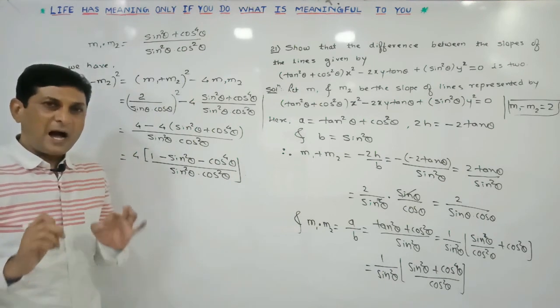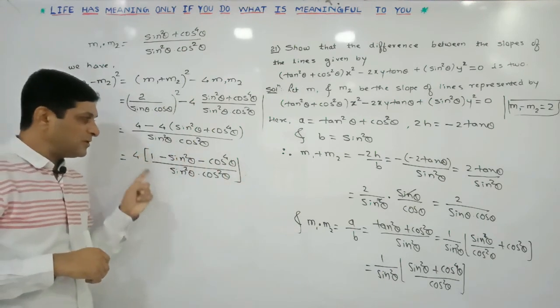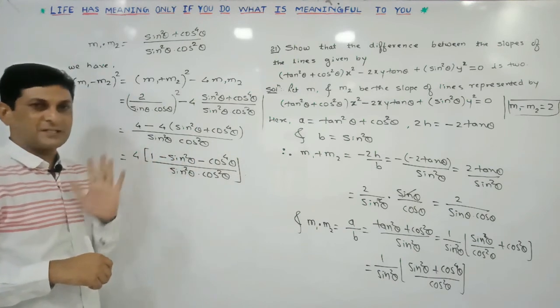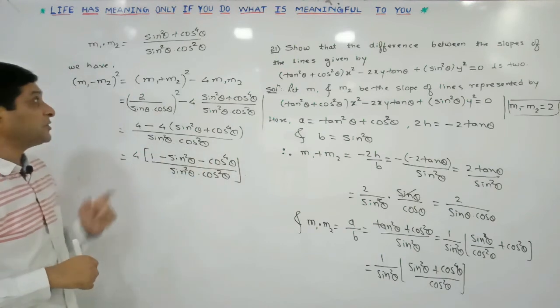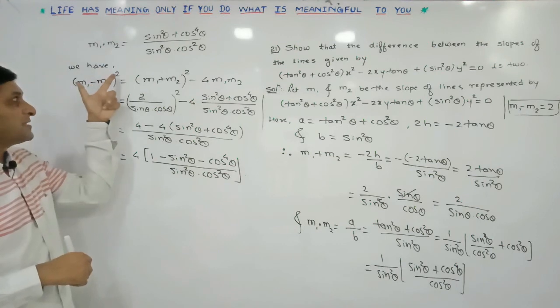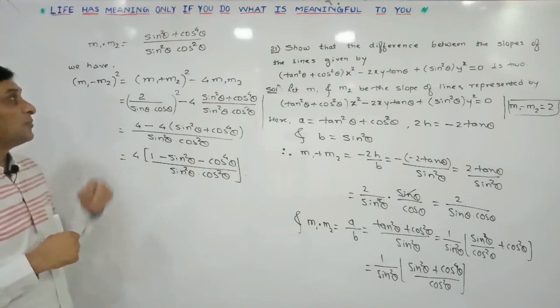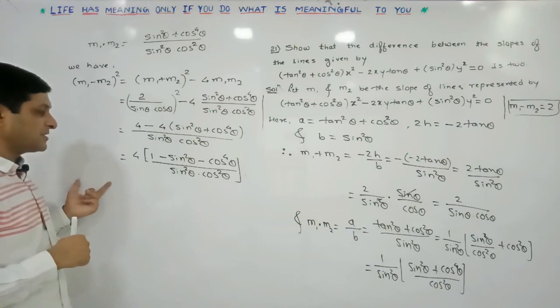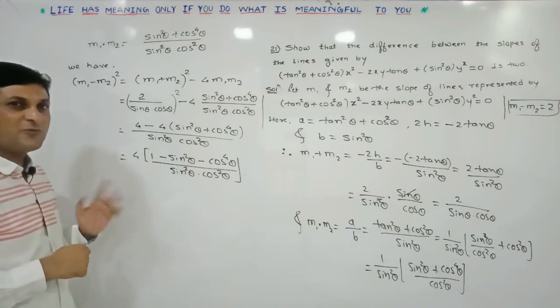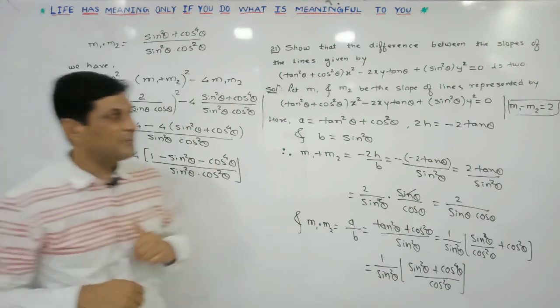If we are able to eliminate this term, what result will we get? (m1 minus m2) whole square is equal to 4. Taking square root on both sides, on this side we get m1 minus m2, and on this side the square root of 4 is 2, and that is our required result.